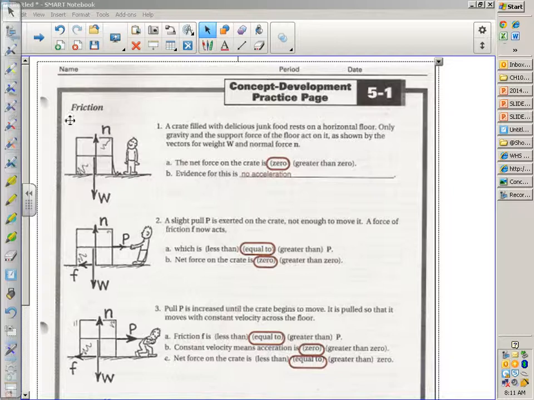Sometimes it was not moving, and sometimes it was moving with a constant velocity, but always in equilibrium. And the key point of being in equilibrium, whether at rest or moving at constant velocity, is that the net force is 0. So all those forces balance.